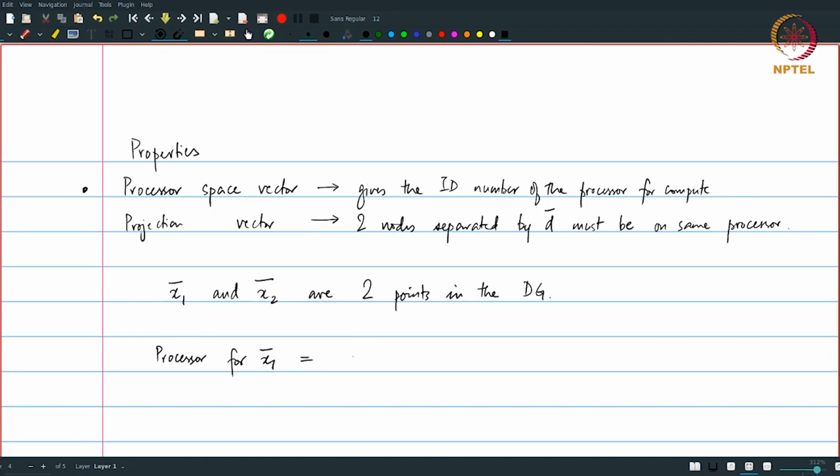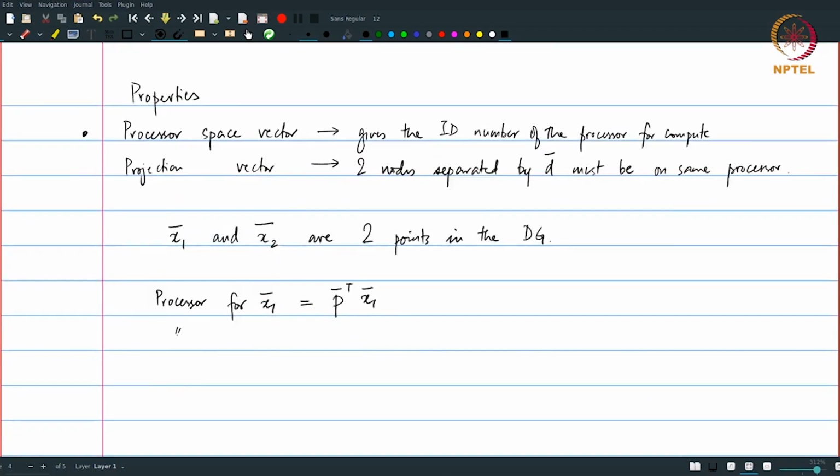This is going to be given by P transpose x1, and similarly the processor for x2 is going to be given by P transpose x2. What does the projection vector essentially say?